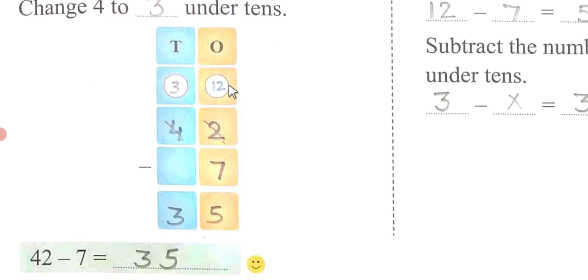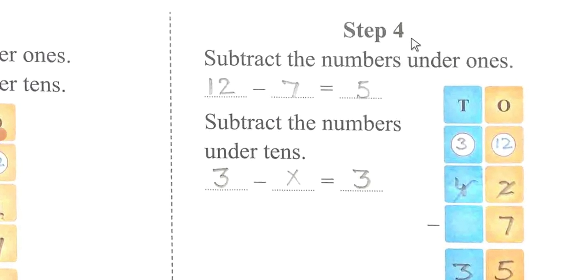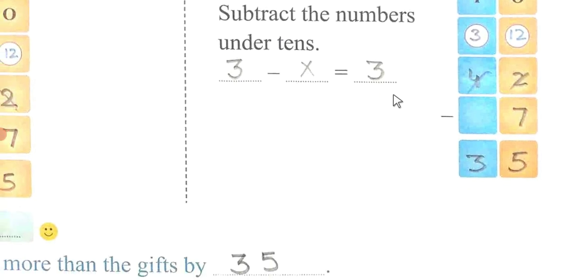I have written here 2 has been changed into 12 and 4 has been changed into 3. So 12 minus 7 is 5 and 3 will remain as it is. Step 4. Subtract the number under ones. 12 minus 7 is 5, and subtract the number under tens. 3 minus nothing, that means 0, is equal to 3.